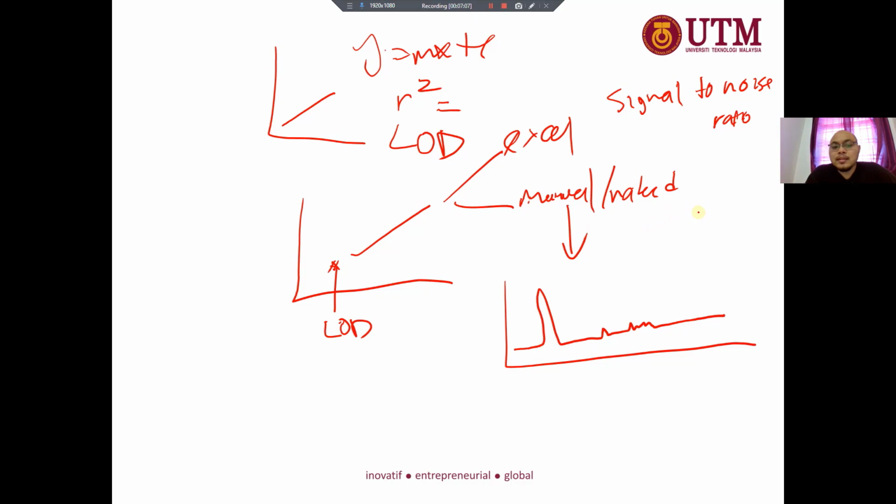For manual determination of LOD, we need to inject the lowest possible amount of analyte until the height ratio between the analyte peak and the noise is about 3 to 1. Once you achieve 3 to 1, then you can say that you have reached the limit of detection of your analyte. But I believe this kind of LOD is very hard to do, so it is much more preferable to just use Excel calculation.